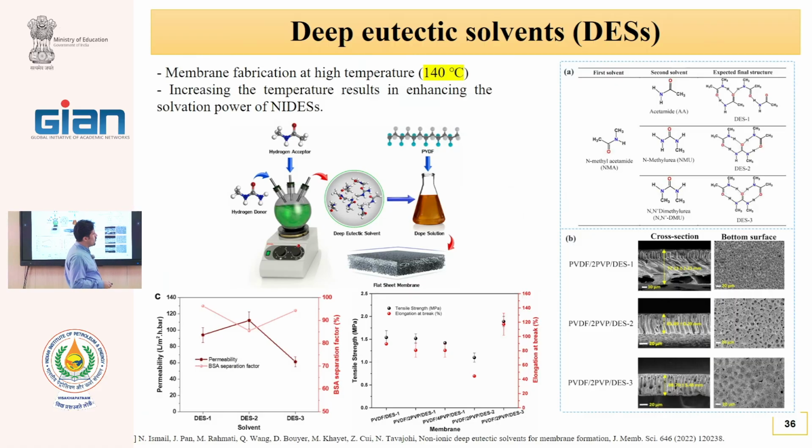The experiments in this study showed that we can fabricate PVDF membranes with these. They used three different solvents and showed that we can dissolve the PVDF and obtain different morphology and different pore size. It is very important.